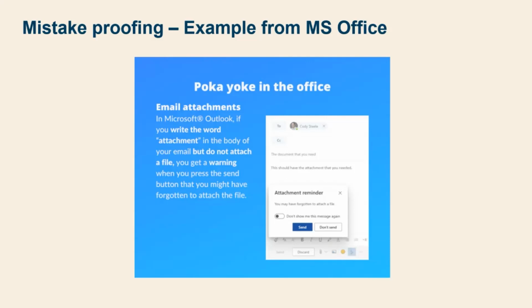So that's another example from MS Office about mistake proofing. So we can think of various multiple ways of doing mistake proofing.